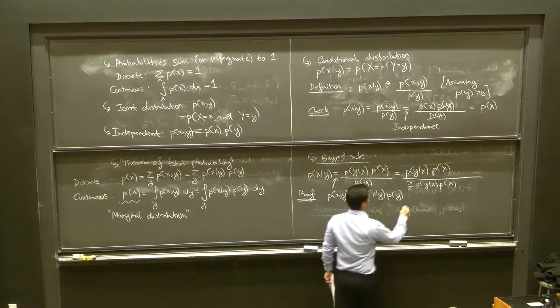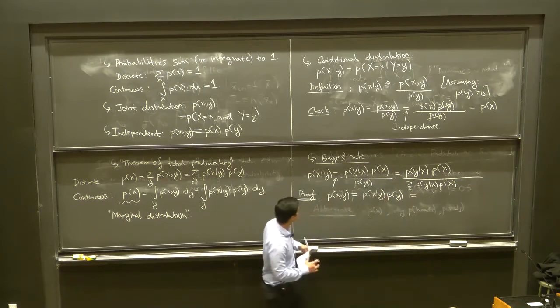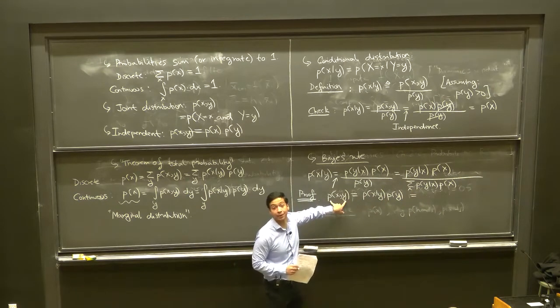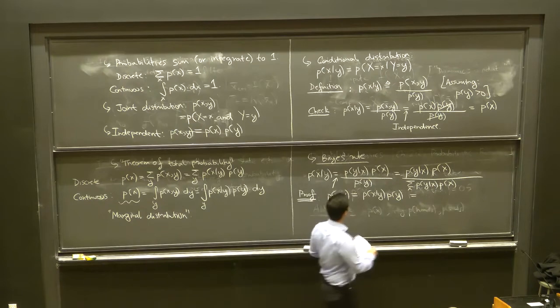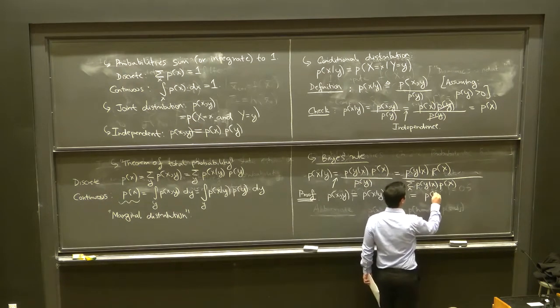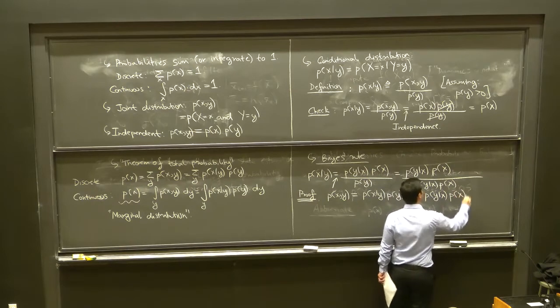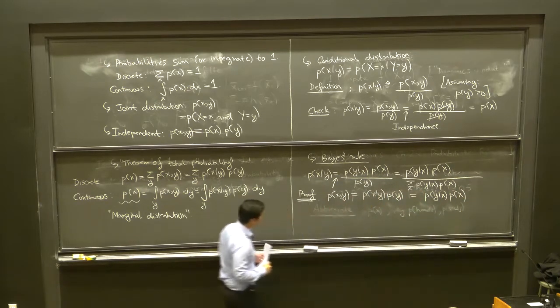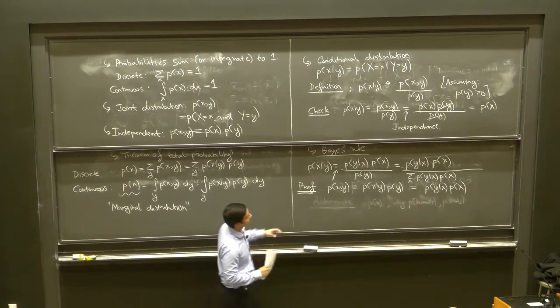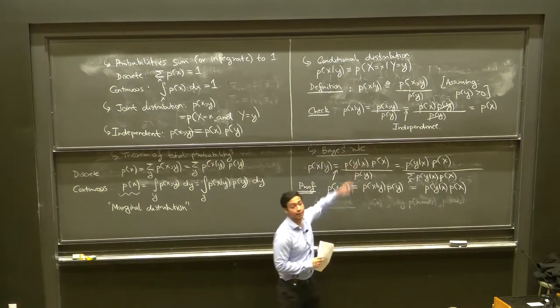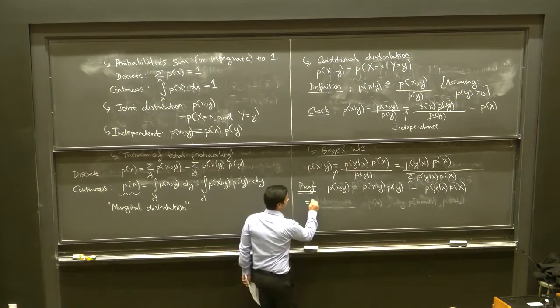Or we can also write this joint distribution P of x comma y in the other way: P of y given x multiplied by P of x, again using the definition of the conditional probability distribution.